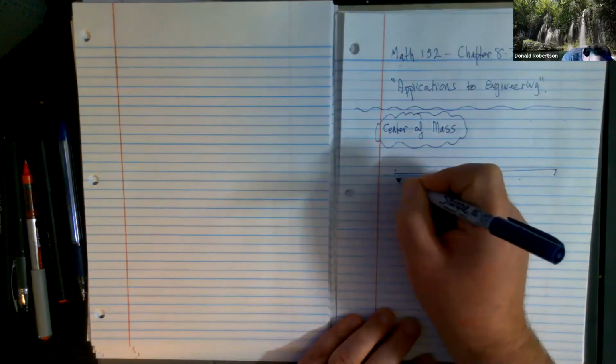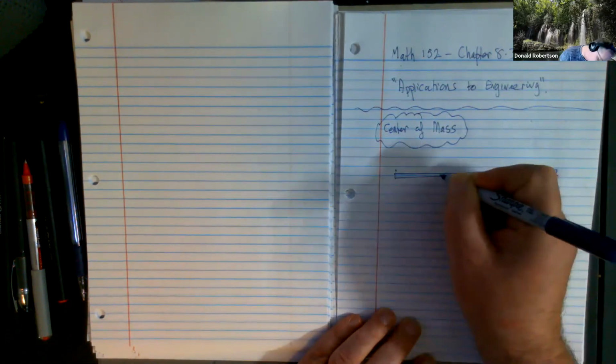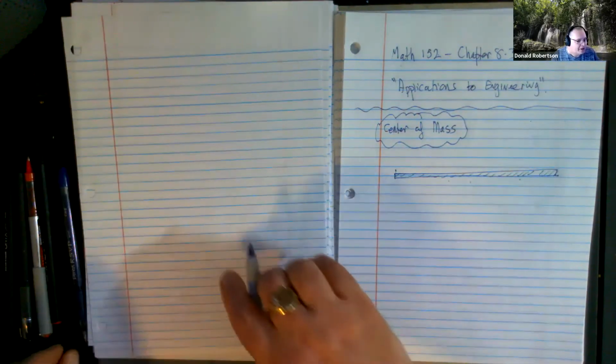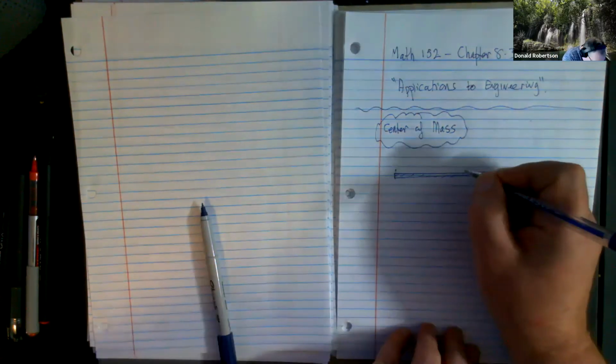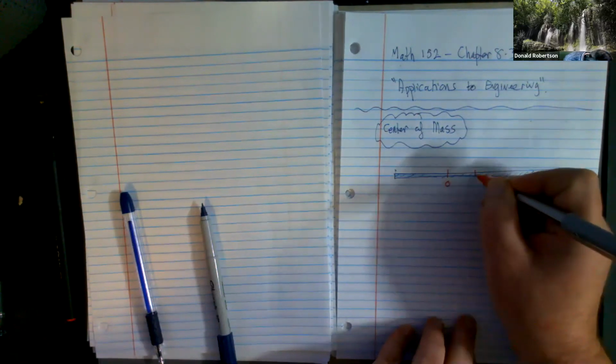So I want you to imagine that I have a very thin ruler. It's so thin and hardly weighs anything that it's of negligible weight, which is what they do in physics when they want to ignore something. Negligible mass. Now on this ruler, it has positions marked on it.